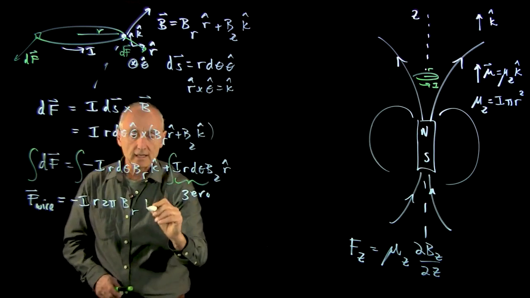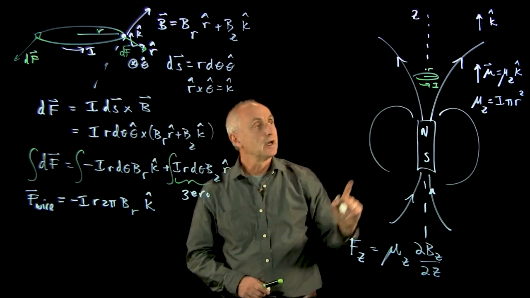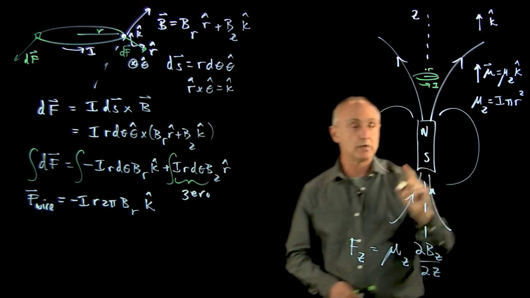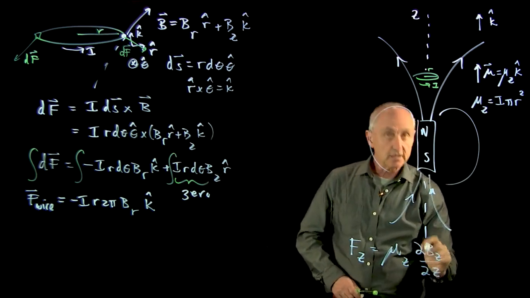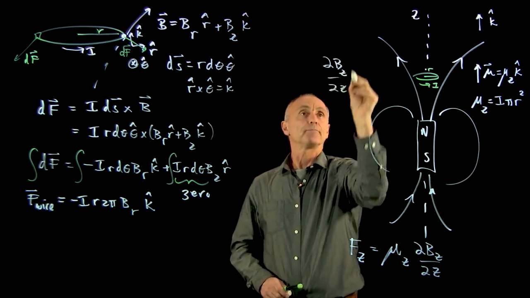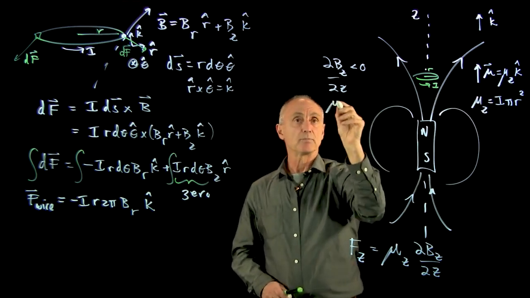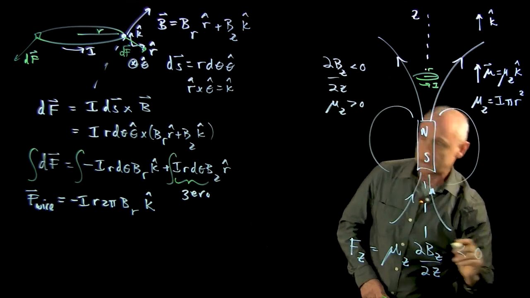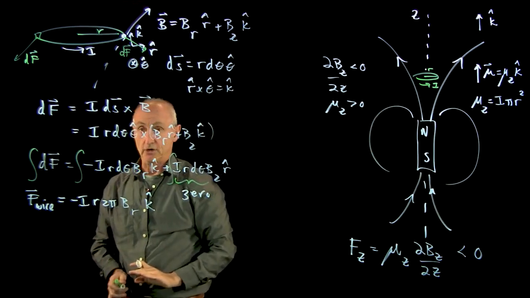Now, at this moment, it doesn't quite look like our result, but qualitatively, let's just check that the force is down. When you look in the z direction for this magnet, in this particular case, dBz/dz is negative, and our dipole mu z is positive, and so we'd expect this component to be negative, and we see that agrees with our calculation here.